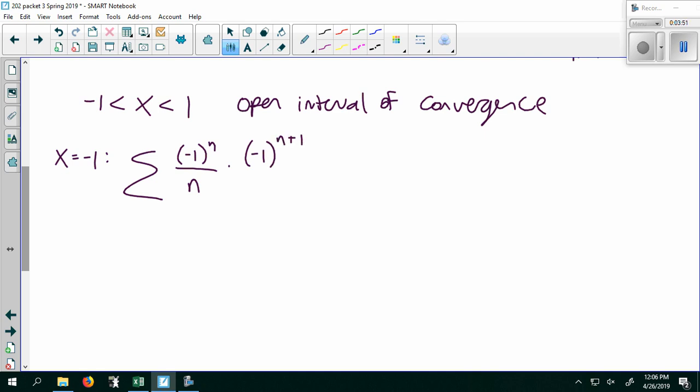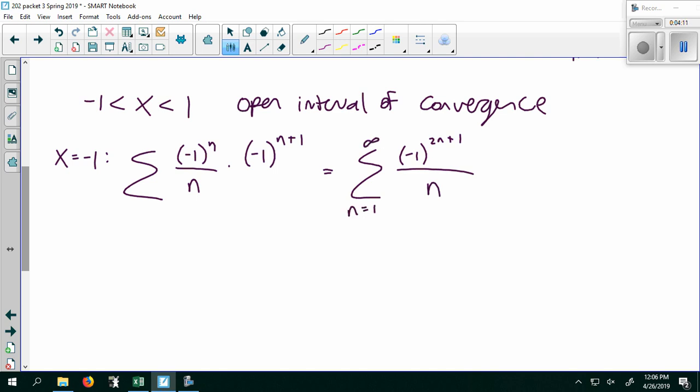So I just replaced the x with a -1. Now, -1 to the n times -1 to the n plus 1, that is -1 to the 2n plus 1. And I'm starting at n equals 1 to infinity.